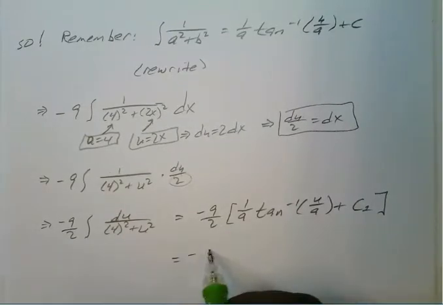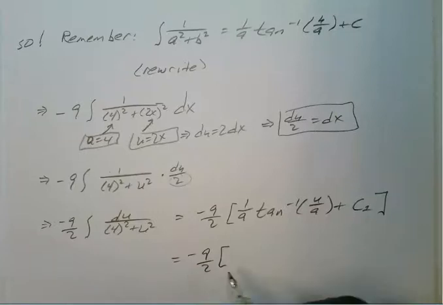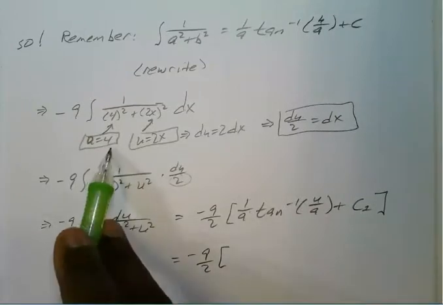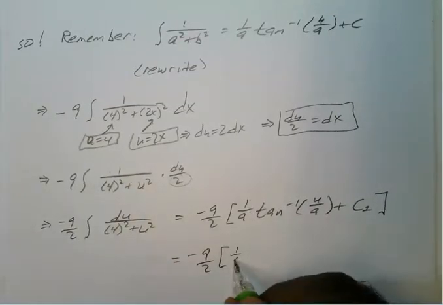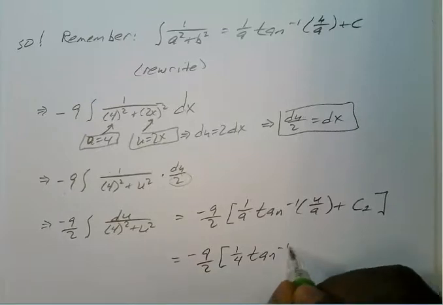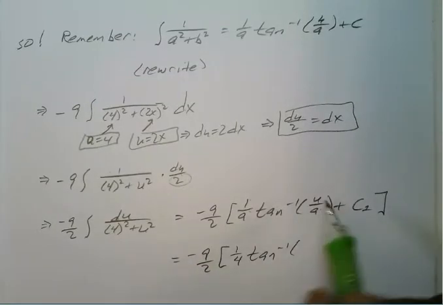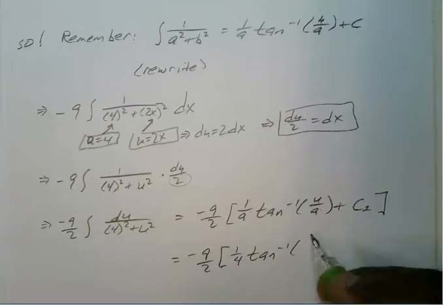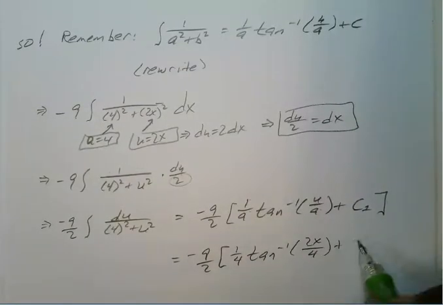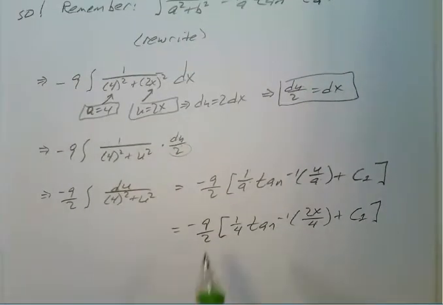Okay, so you have negative 9 over 2 times 1 over a, so it's 1 over 4, tangent inverse of u over a, so you have 2x over 4, plus negative 9 over 2, or still make that c number 1 till we distribute.